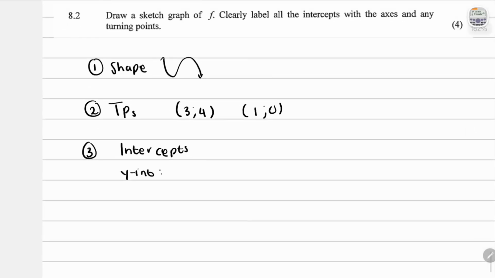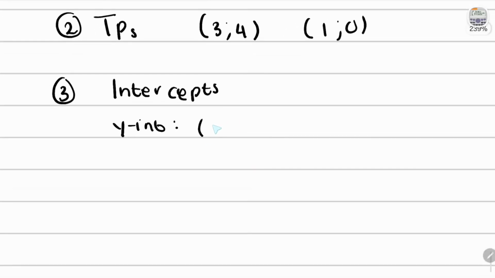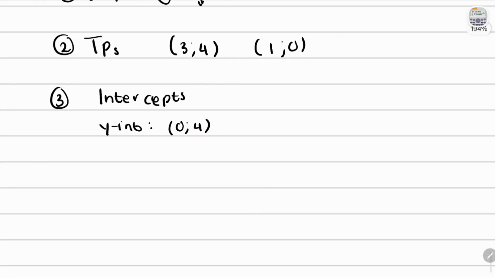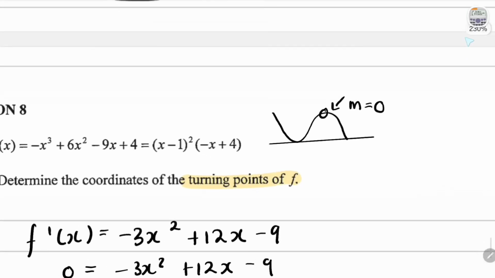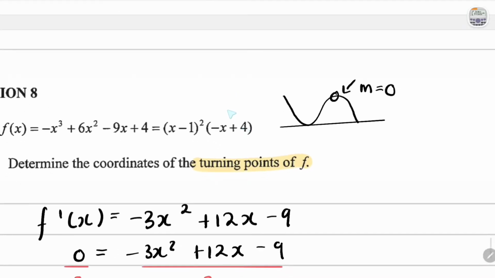So it means that your y-intercept as a coordinate would be (0, 4), because that's where the x value is 0. And then the x-intercepts, since they've already factorized this for us and we know one of them, it's (1, 0). And then the other one we can find here because they factorized it for us. So that is this over here.